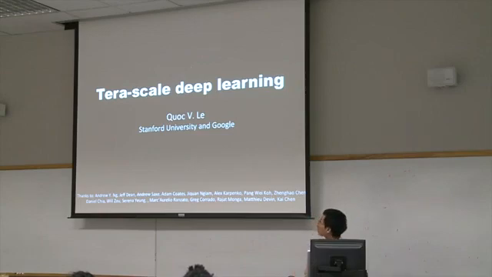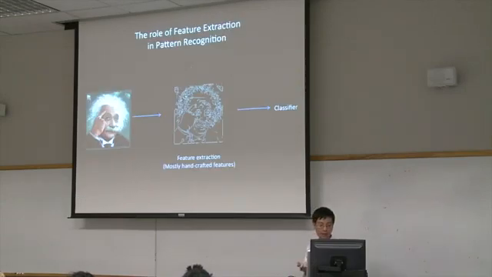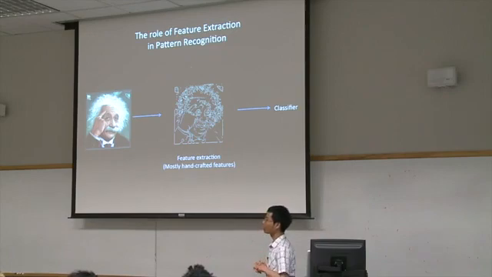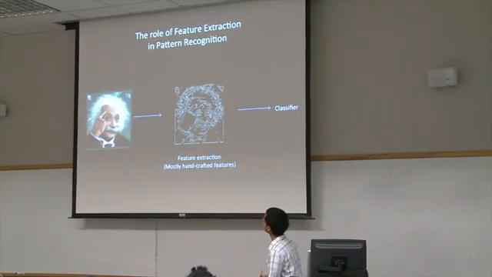So why do we want to learn feature representations? Why does this matter? Here I show you an example of a very simplified case of object recognition. I have an image that has a face, and my task is to recognize whether there's a face in the image or not.